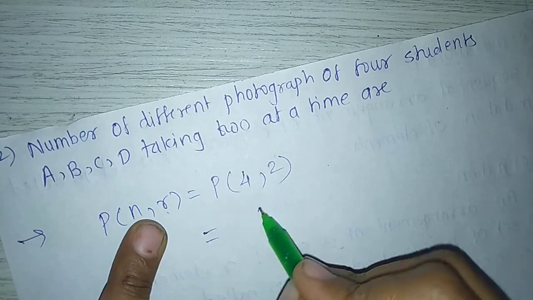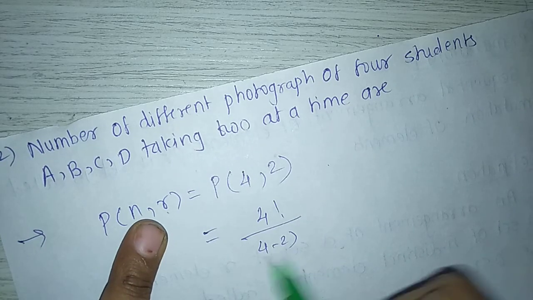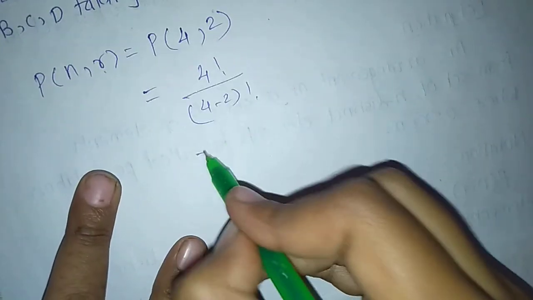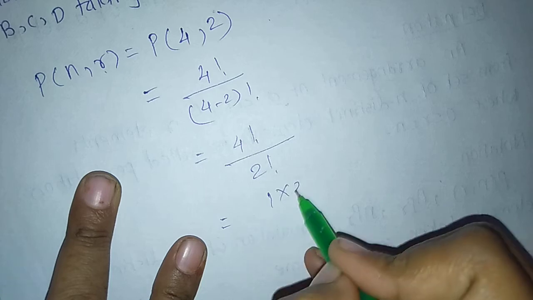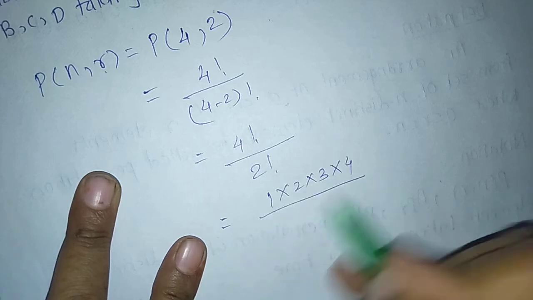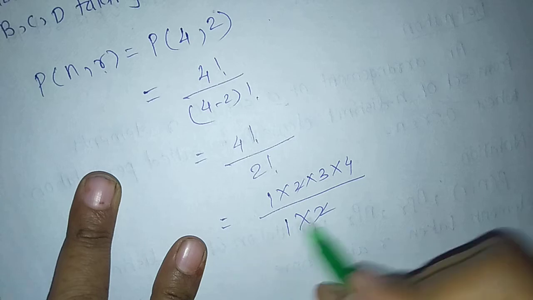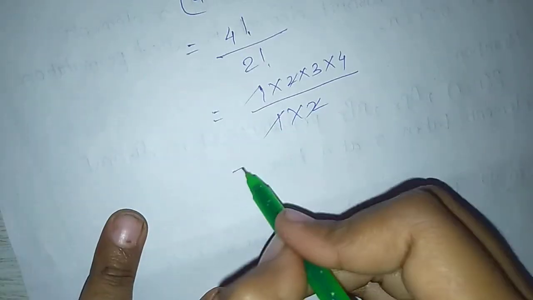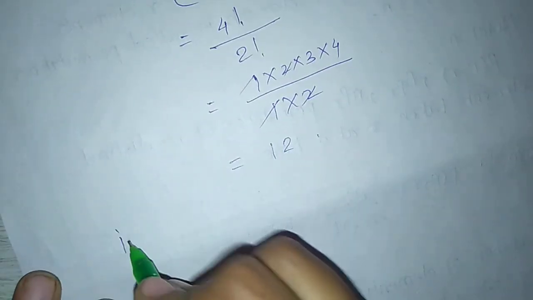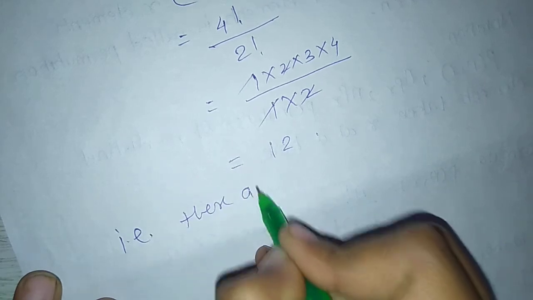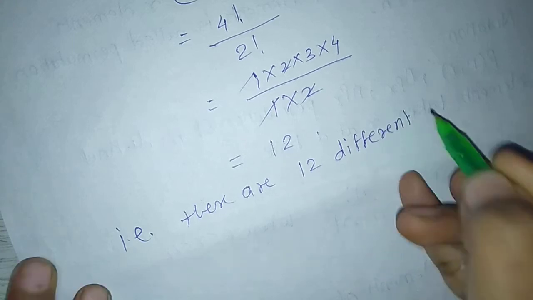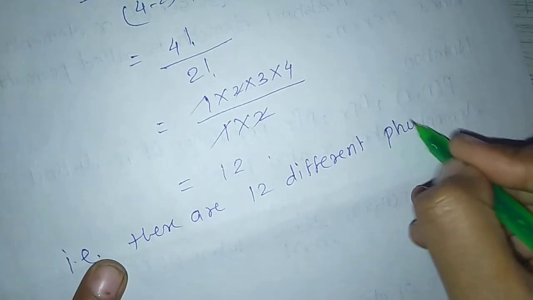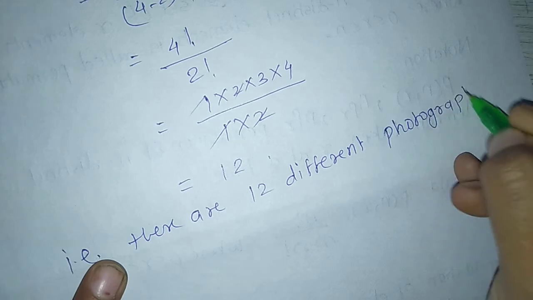P(4,2) is 4 factorial upon (4 minus 2) factorial, which is equal to 4 factorial upon 2 factorial, means 1 into 2 into 3 into 4 upon 1 into 2. The 2 gets cancelled. Answer is 12. That is, there are 12 different photographs. Next example.